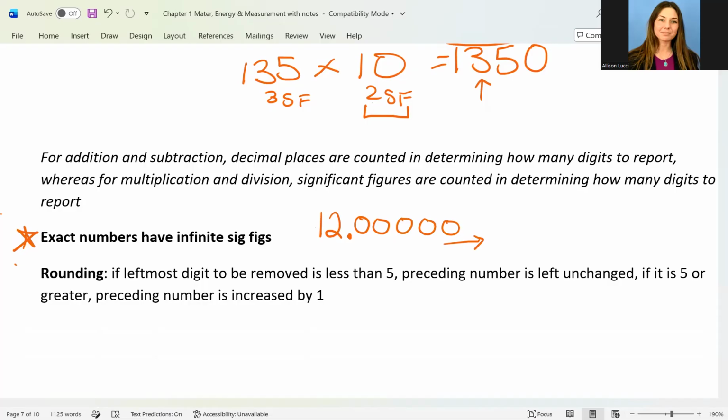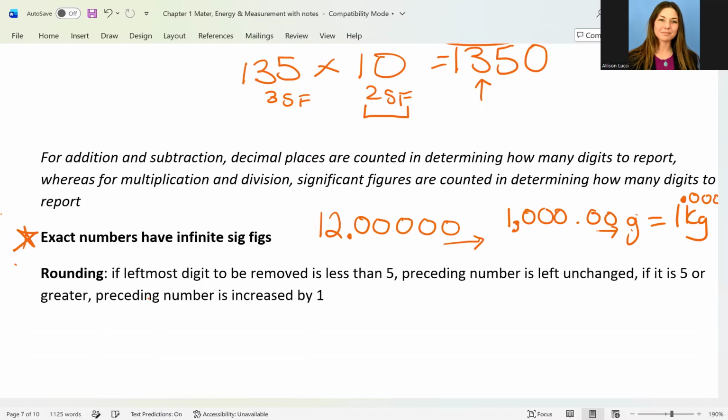For example, conversion factors, we can also consider as having an infinite number of sig figs since those are exact values. So there's 1,000.00 grams in 1 kilogram, but those decimal places we know will be to infinity, as with the 1.000 kilogram.